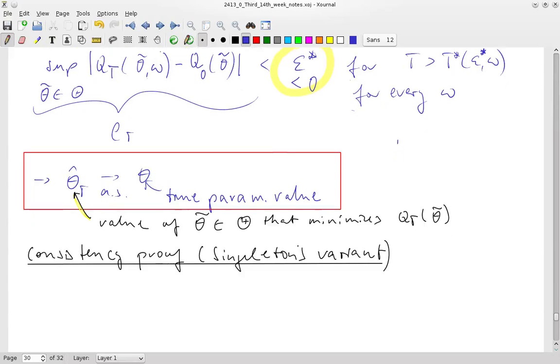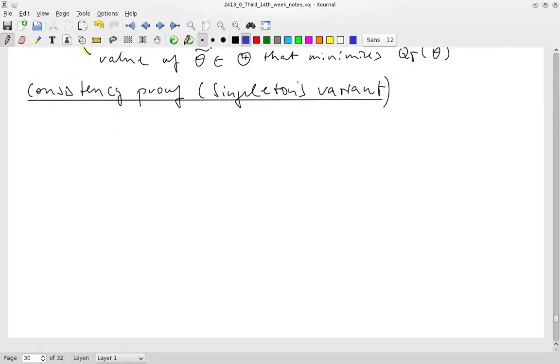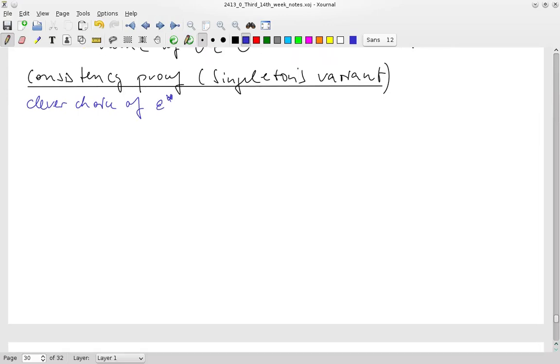So the starting point of this consistency proof is a clever choice of epsilon star. And this clever choice goes as follows. Think about a small value that comes from the following idea.